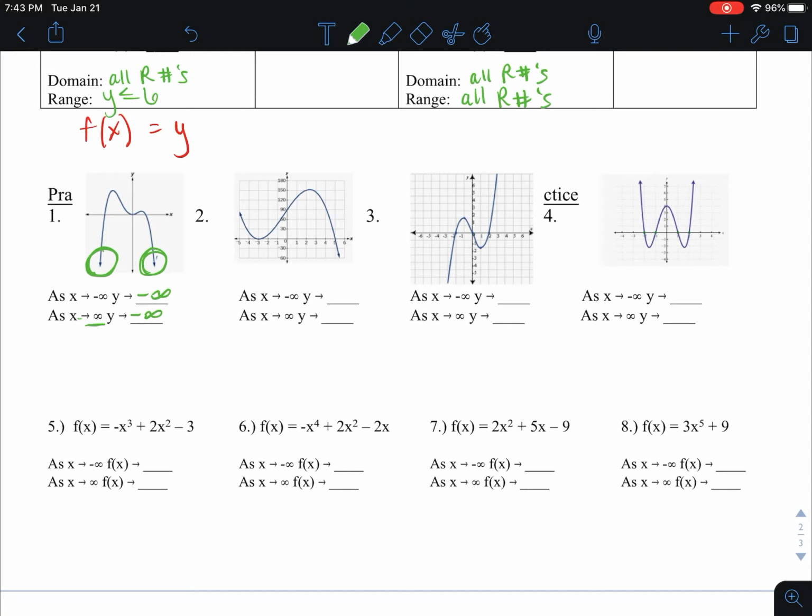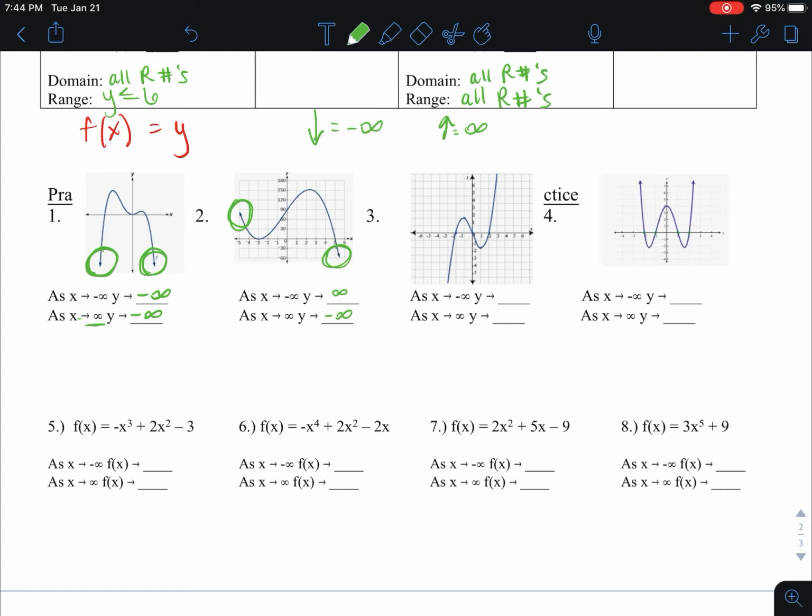So remember, if it goes down, that's negative infinity. If it goes up, that's positive infinity. Doesn't matter which side of the axis it's on, as long as wherever it's going. Okay. All right. So then this one I see is going up. So remember, this is left. So this is going to positive infinity, and my right one is going down.